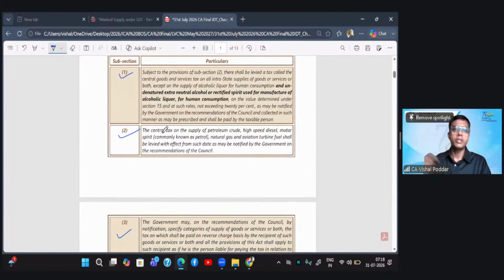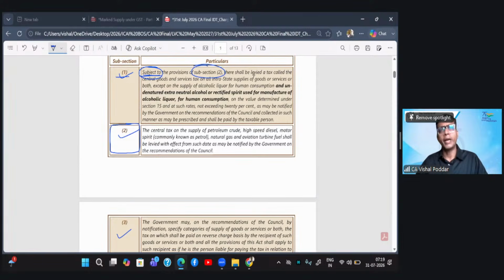Out of these 5 subsections, the first that you need to study is subsection 2. Now, you may ask, sir, why? Because when you read subsection 1, it says subject to subsection 2. These are some legal terms which I believe students you should make yourself comfortable with, and you should also start using these terms whenever you are writing any answer. The first technical term which I am explaining today is the term subject to.